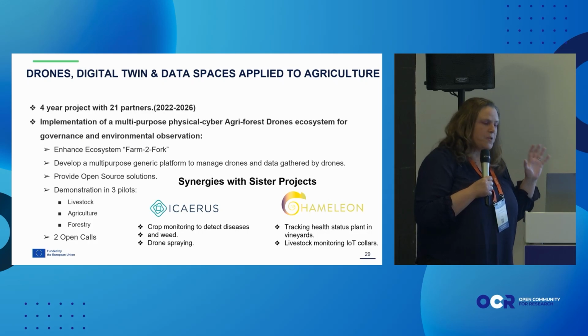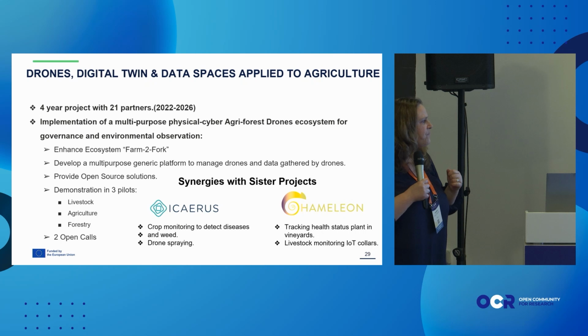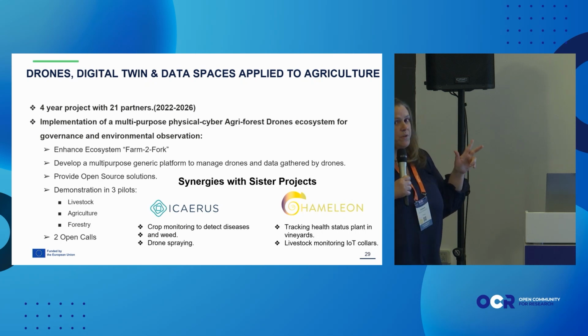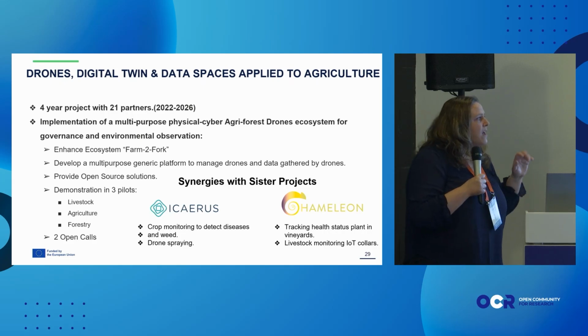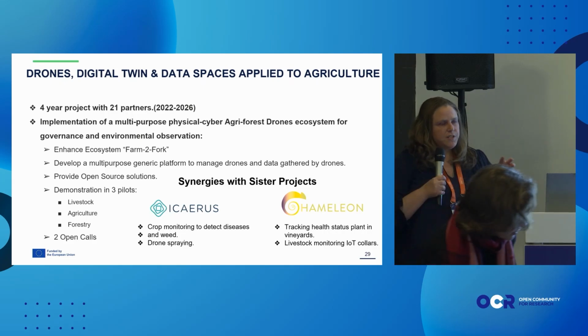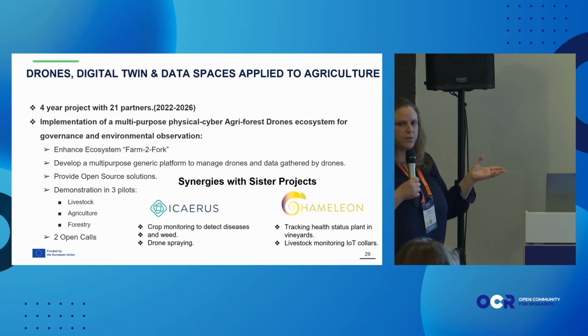It has 3 demonstration pilots in livestock, agriculture, and forestry. We have 2 open calls. Now it's the 2nd open call. They are deployed into different applications. And also there are some synergies with the 2 other sister projects, which are Chameleon and Icarus.